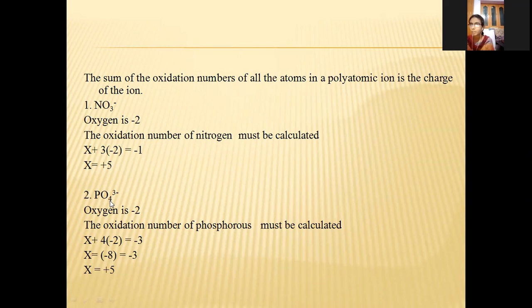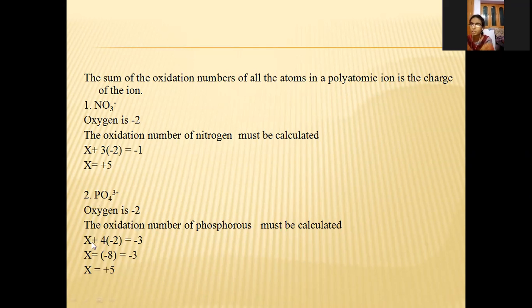The second example is the phosphate ion. The oxidation number of oxygen is -2, and we have to find the oxidation number of phosphorus. We don't know it, so we calculate it.